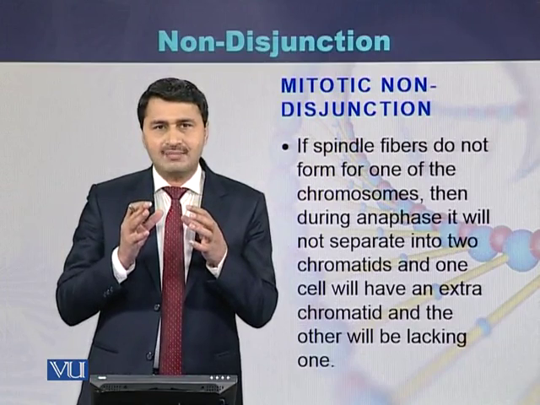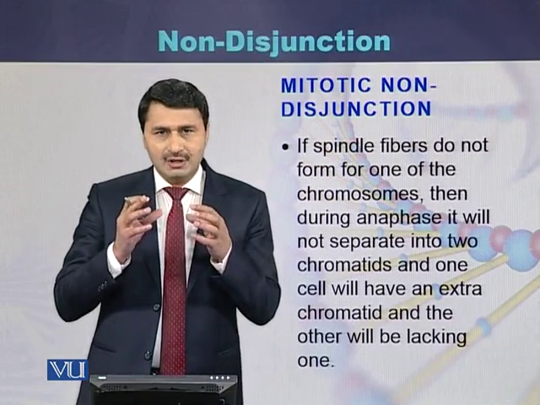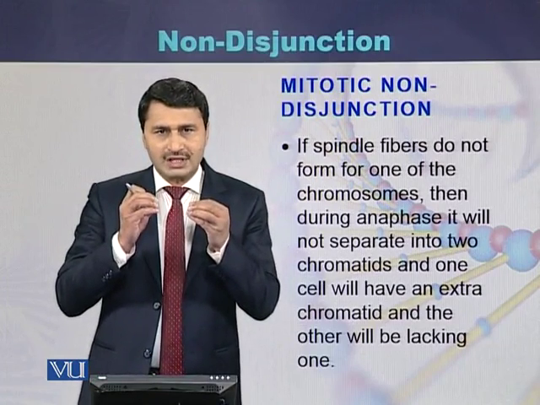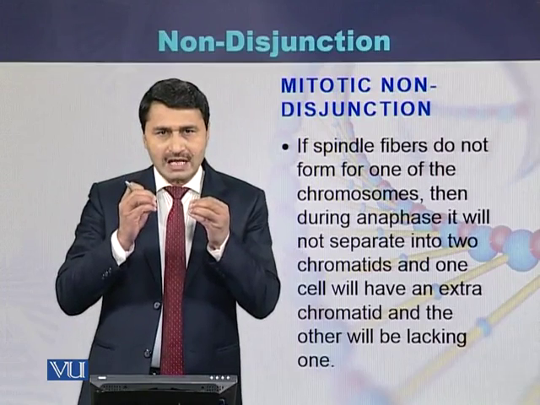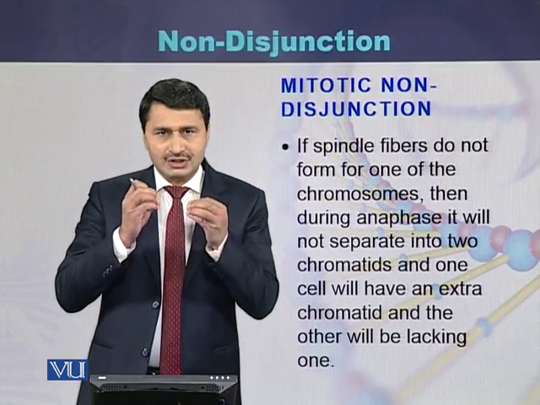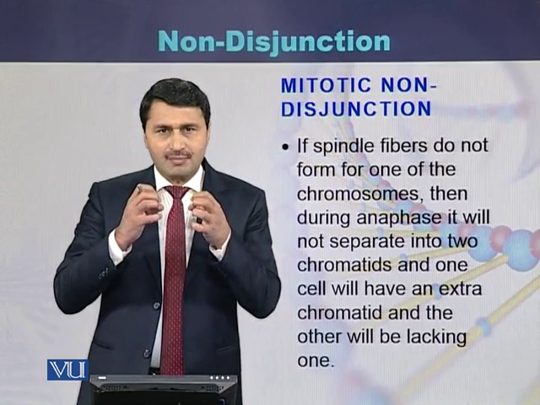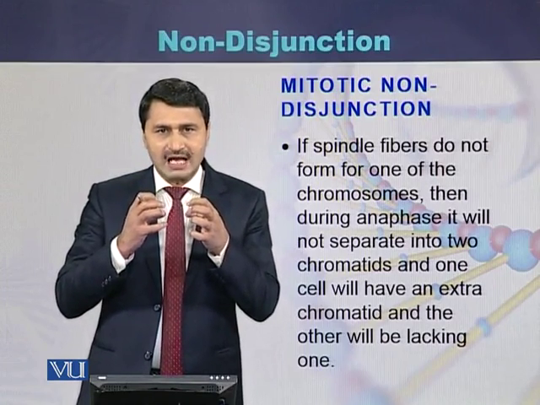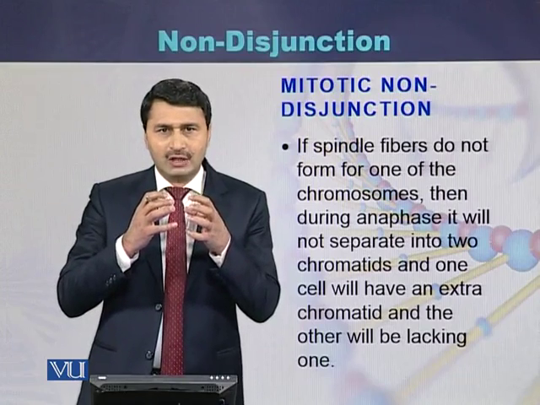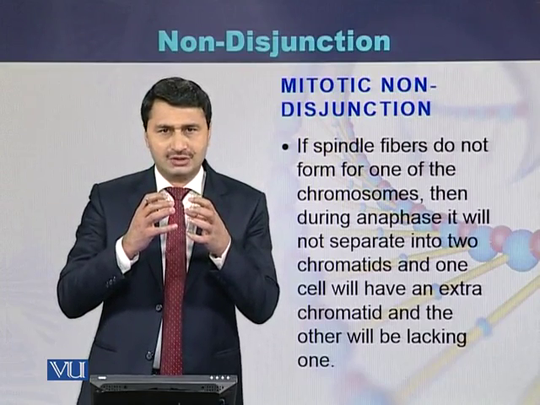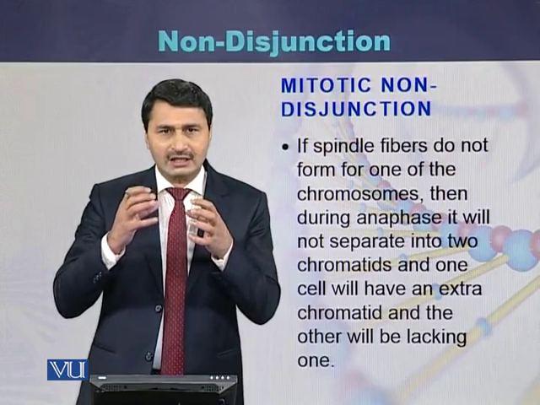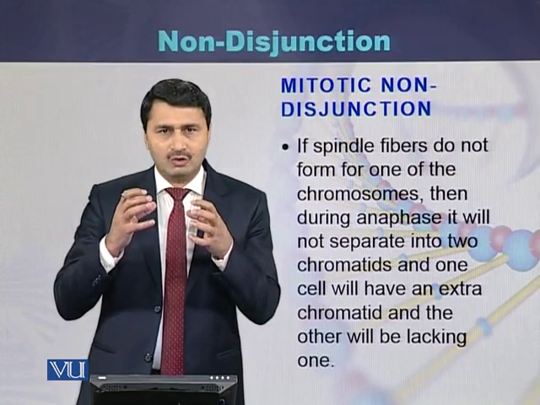If the spindle fibers are attached to the sister chromatids but do not attach to one of the sister chromatids, ultimately they will not separate from each other. One of the cells will contain both the chromosomes or both the sister chromatids, while the other will be lacking the chromosome.